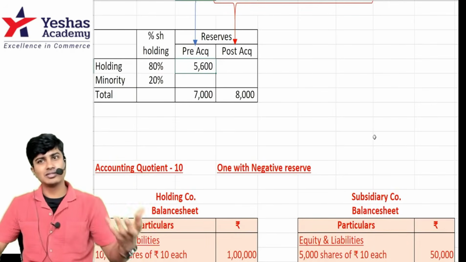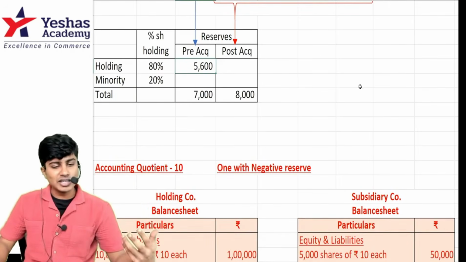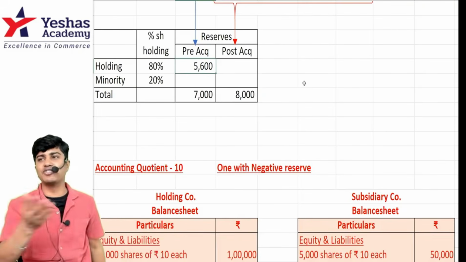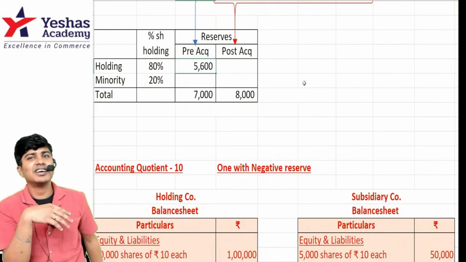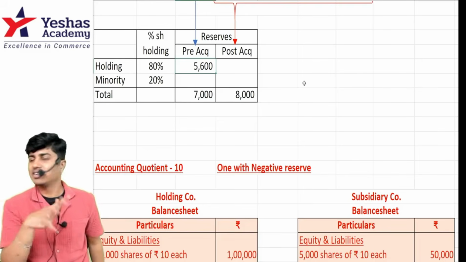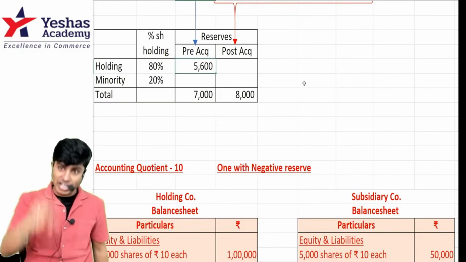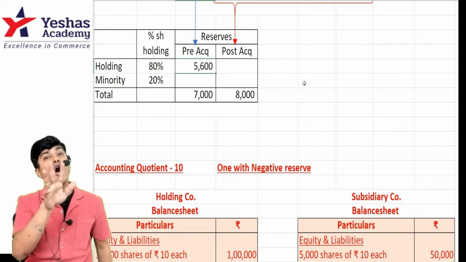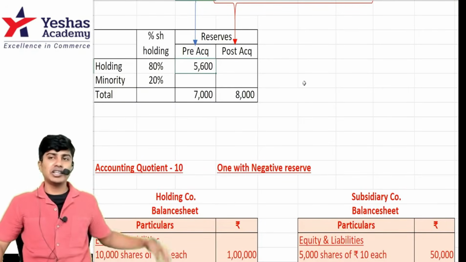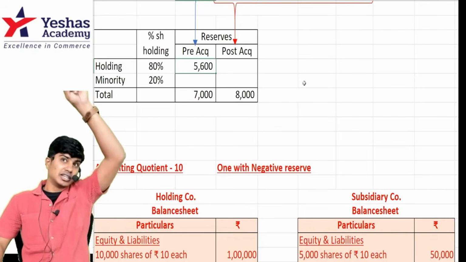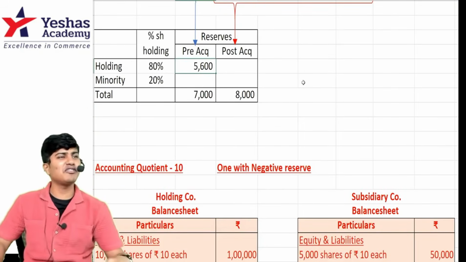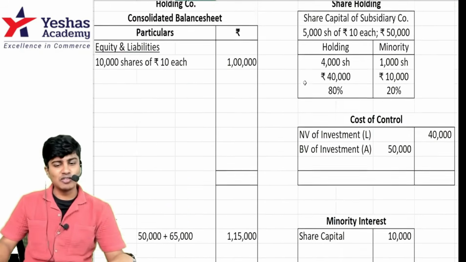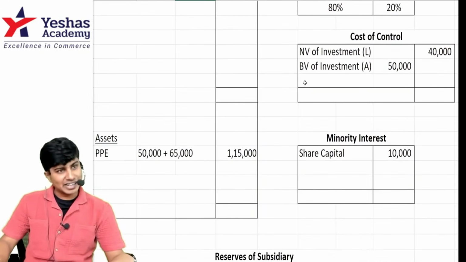So please tell me. What is this 5,600? Holding's share in pre-acquisition reserve of subsidiary. Where do I write this 5,600? In cost of control. Deduct from what?